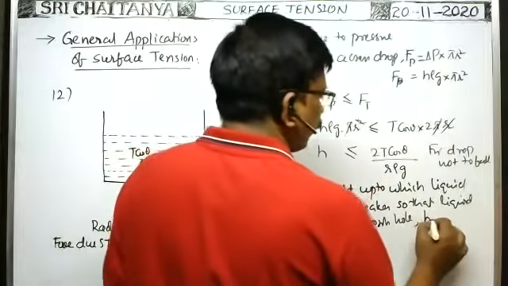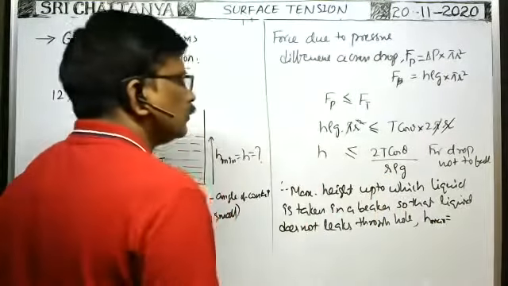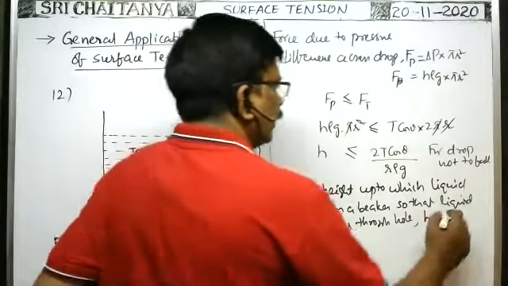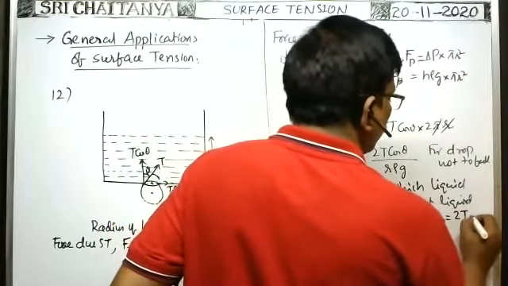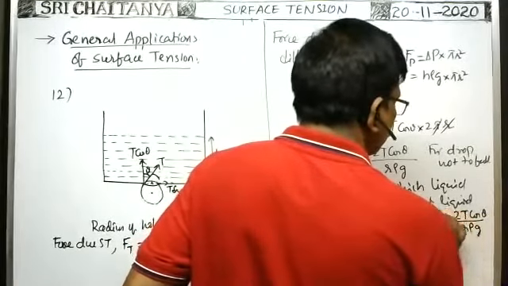For H maximum we have to take equality, so H maximum is equal to 2T cos theta by R into rho into Z.